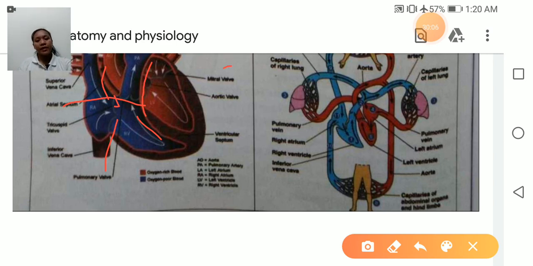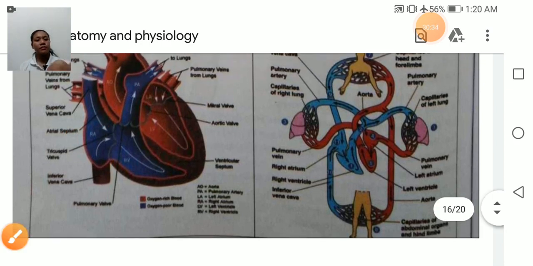In the lungs the blood is purified, and through the pulmonary veins it comes to the left atrium, from the left atrium to the left ventricle, and from the left ventricle through the aorta it goes to the body. Oxygenated blood goes to the body, and then the same process.